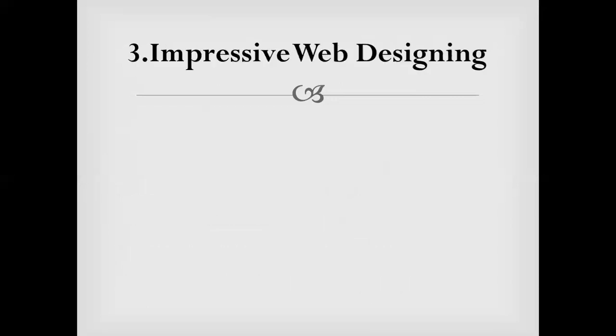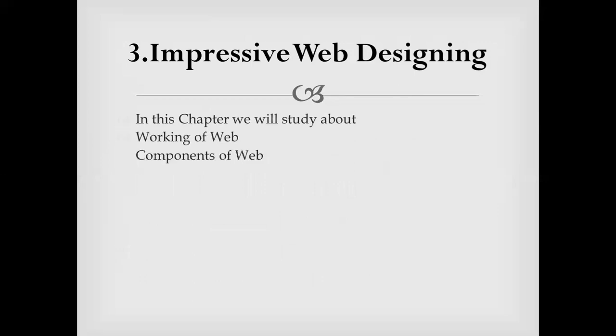Moving ahead to your third chapter, it is impressive web designing. As the chapter itself tells us, it is about the introduction of web designing concepts. So here in this chapter we are going to study about how the web works, that is the working of web, then about the components of web, then introduction about HTML.